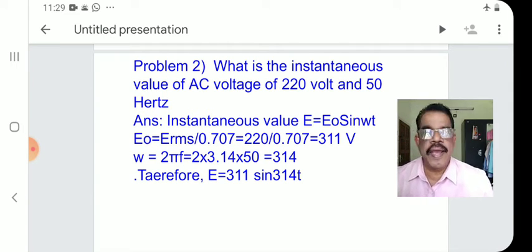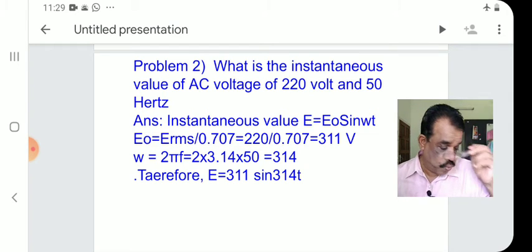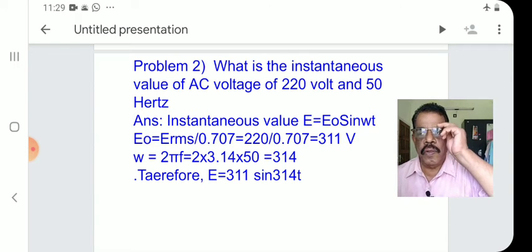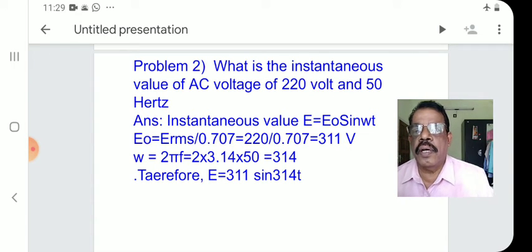That is the expression for the instantaneous value of alternating voltage. So how to write the instantaneous value and how to obtain the peak value are evident from these two problems.